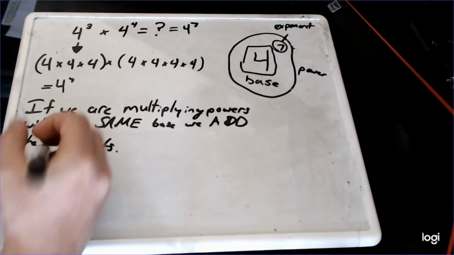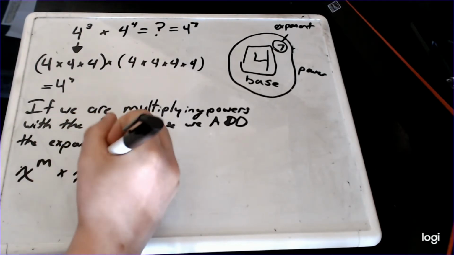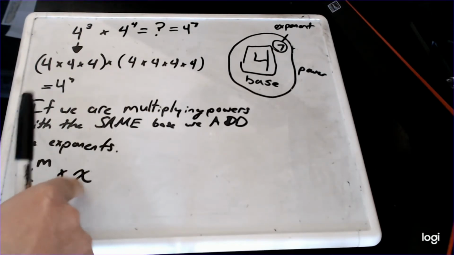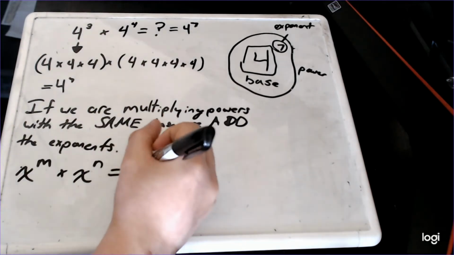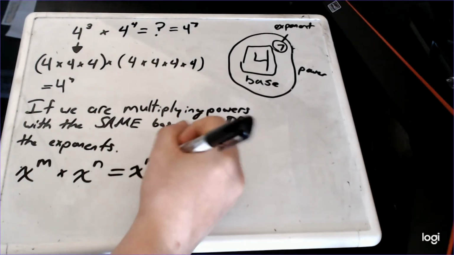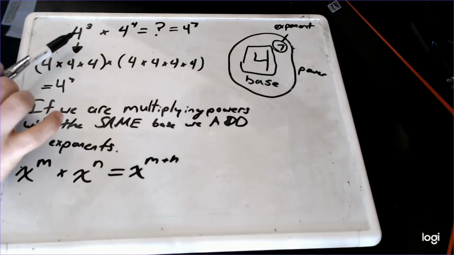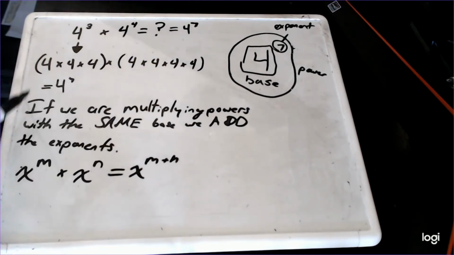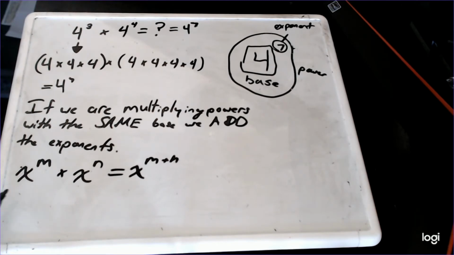Some base x with an exponent m, when multiplied by another power with a base of x and an exponent n, gives us x to the m plus n. Just like here, we kept the 4, right? And we added our exponents. 3 plus 4 is 7. There we go.